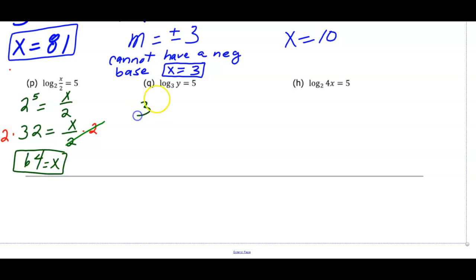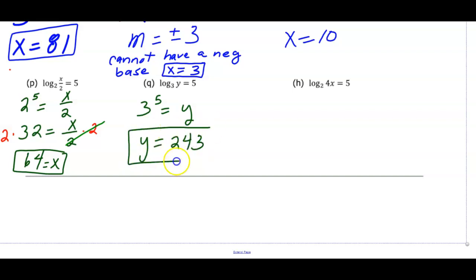3 to the 5th equals y. So 3 to the 5th power is 243. So y equals 243. And then lastly, 2 to the 5th equals 4x.